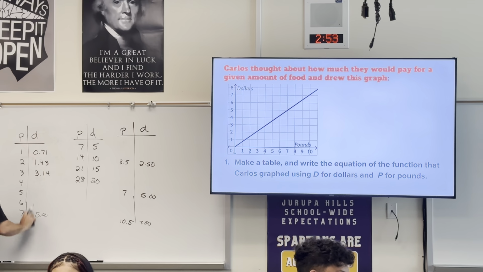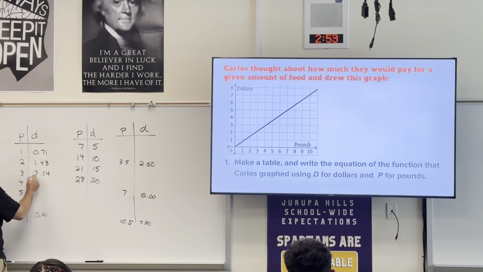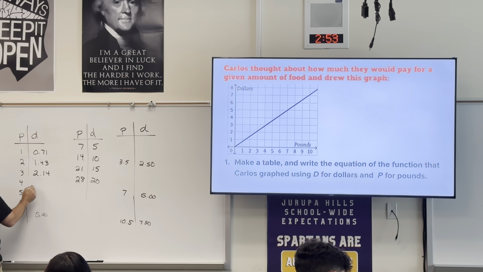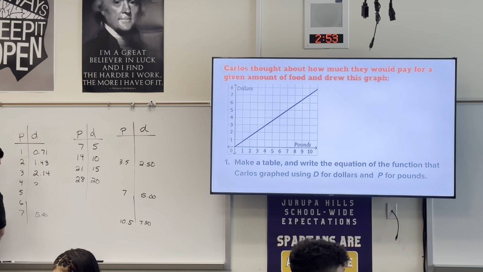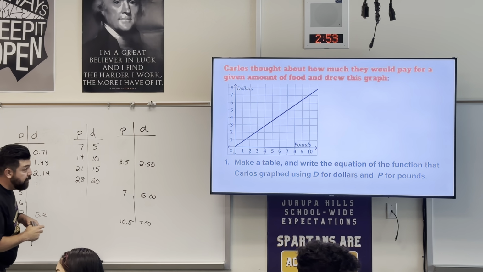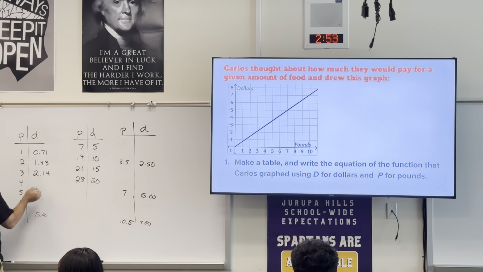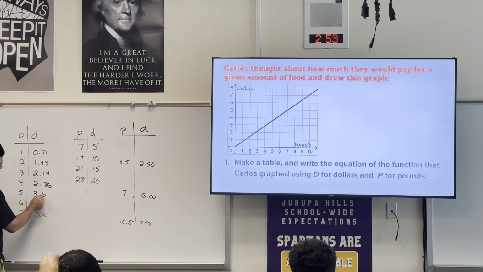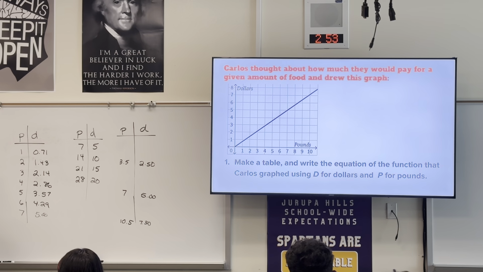And then for 4 pounds I got $2.86. Say that again. I'm sorry. $2.86. Okay. And then for 5 pounds I got $3.57. $3.57. Yeah, and then for 6 pounds I got $4.29. And then obviously for 7 pounds you got $5.